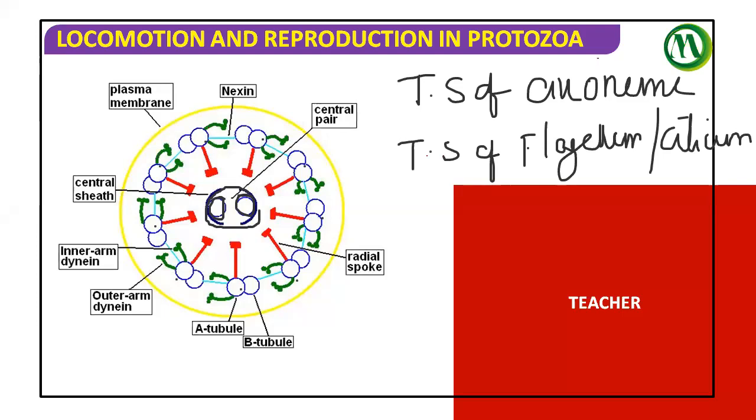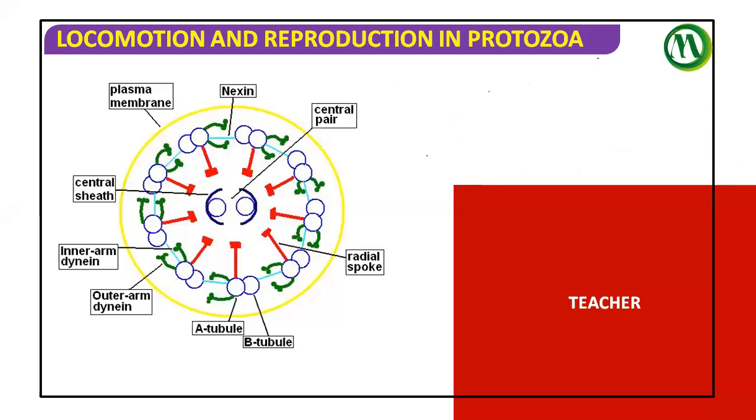This is the central singlet; two microtubules are present inside, surrounded by the inner fibrous sheath, and 9 peripheral microtubular doublets are present here. We need to connect them actually. That's a little bit of a problem here, so let me close this and connect this. Small corrections are required for this diagram.